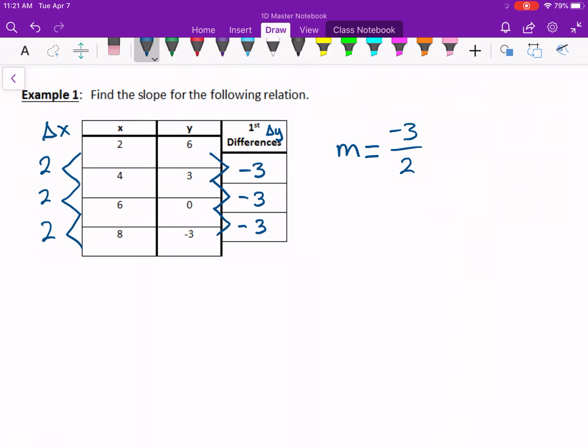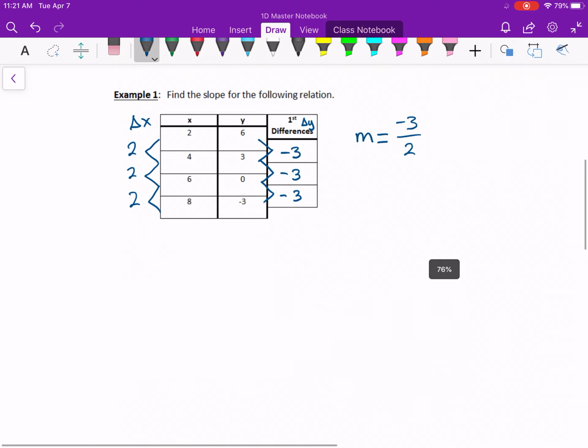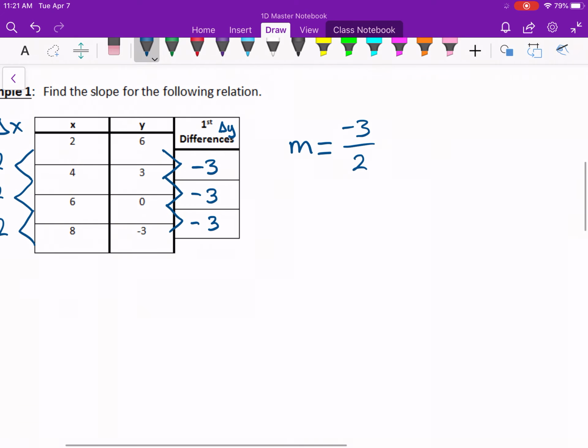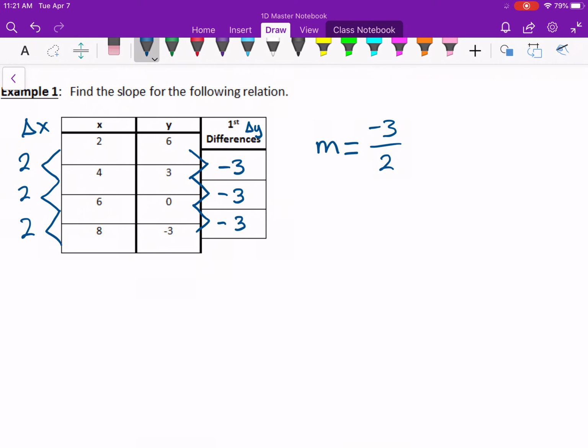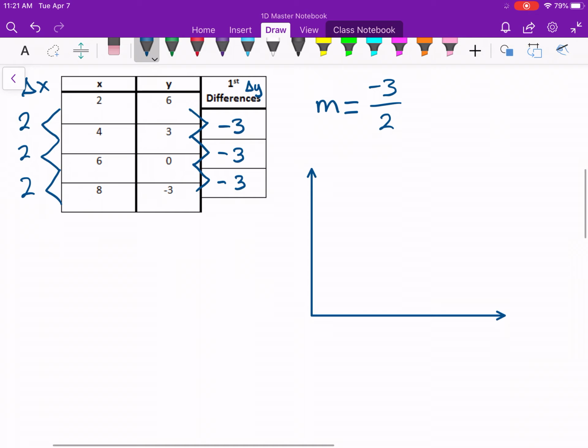So now we've got a negative slope. This is the first time I think we've really looked at a negative slope. So let's do a quick sketch to help us visualize what that means. Let's say 2, 4, 6, 8 here.